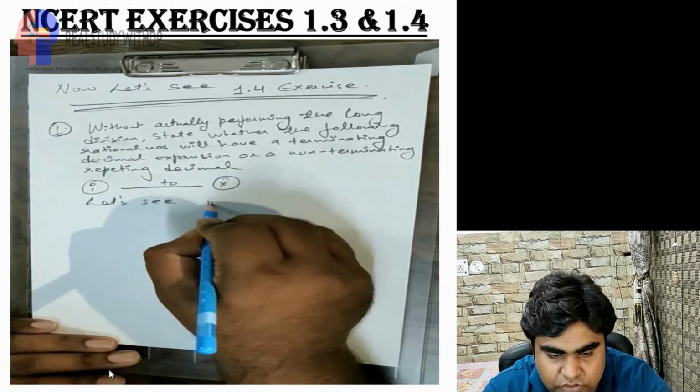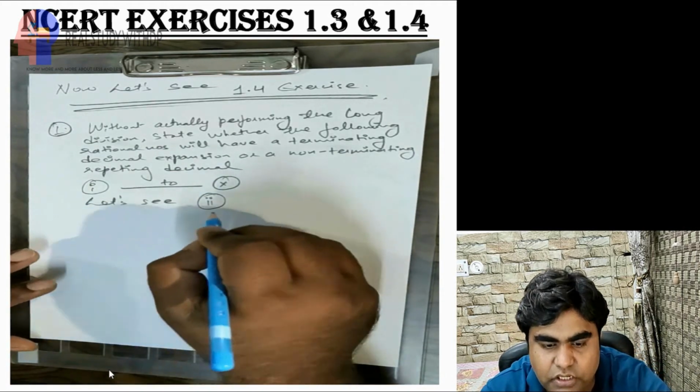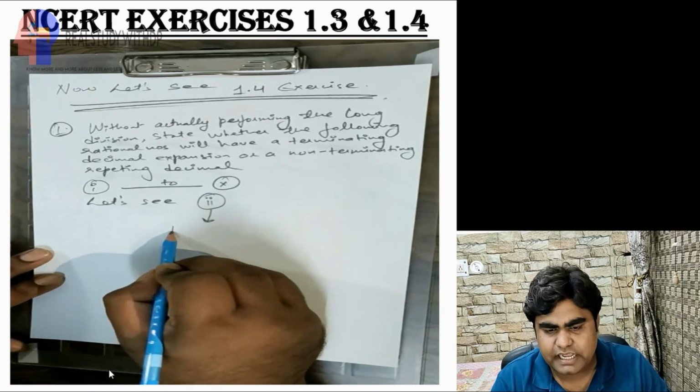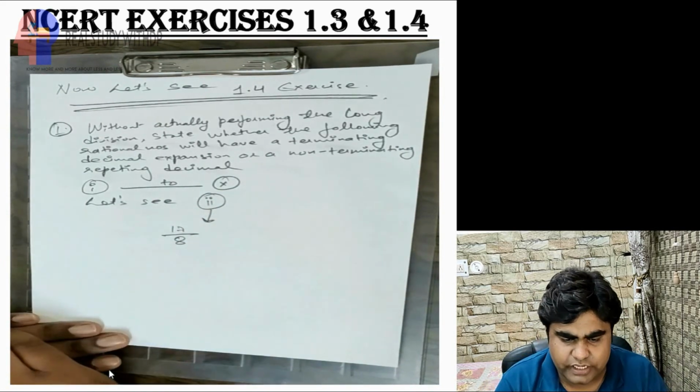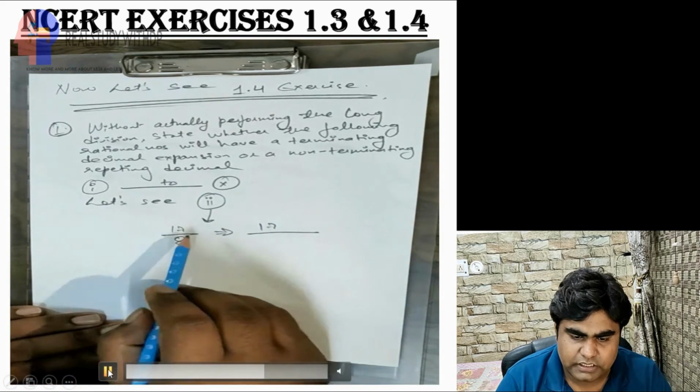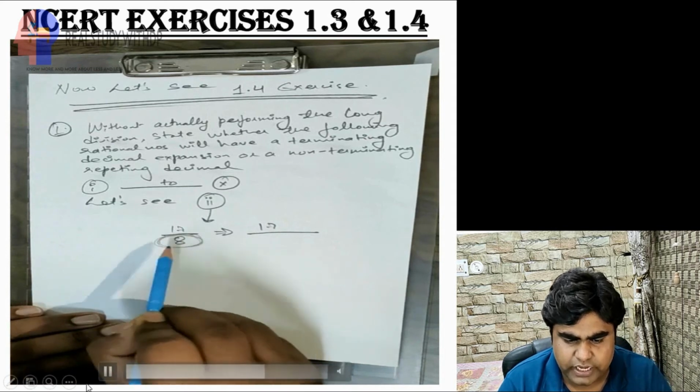There are 1 to 10 parts. So we are going to see only one part in order to understand, and I hope that you guys have understood how this whole thing works.